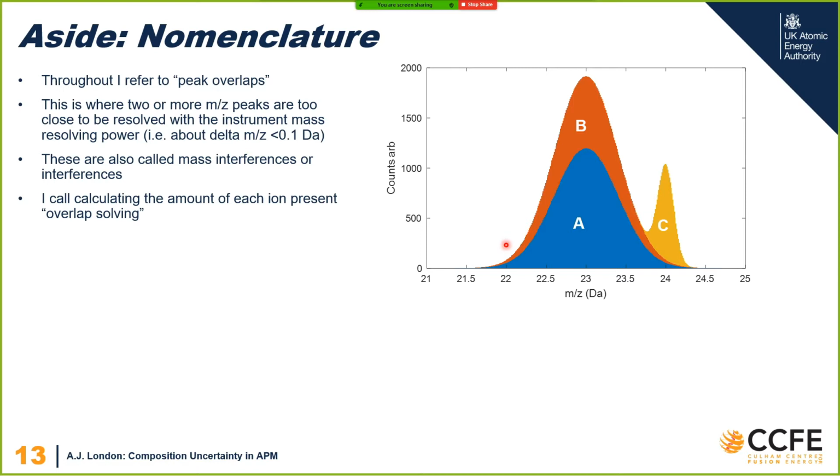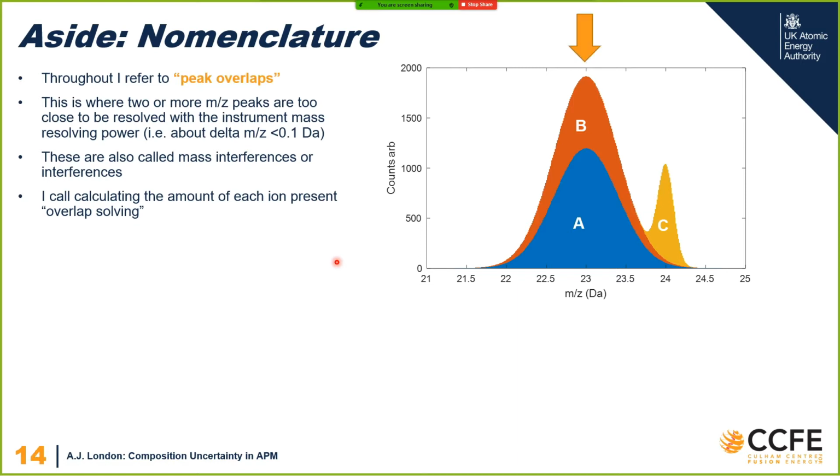I think in geology that's popular. So I'm going to say these are peaks that aren't resolvable with the mass resolution of the instrument. And then if you want to figure out how much of these different ions you have, I would call that process overlap solving. Okay, so it can be a little bit confusing, but here are our peak overlaps.